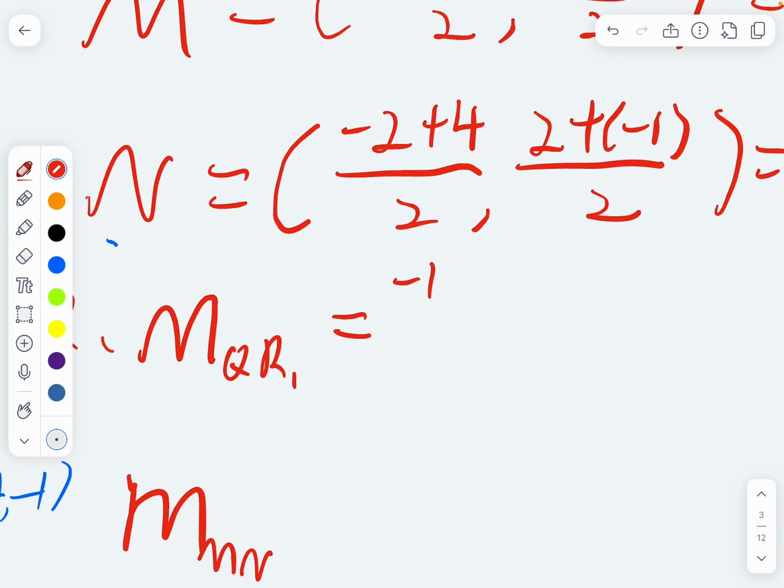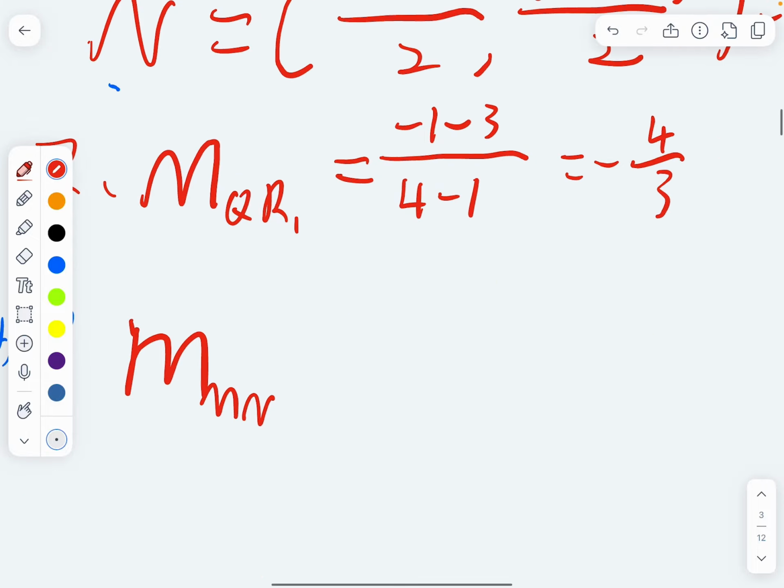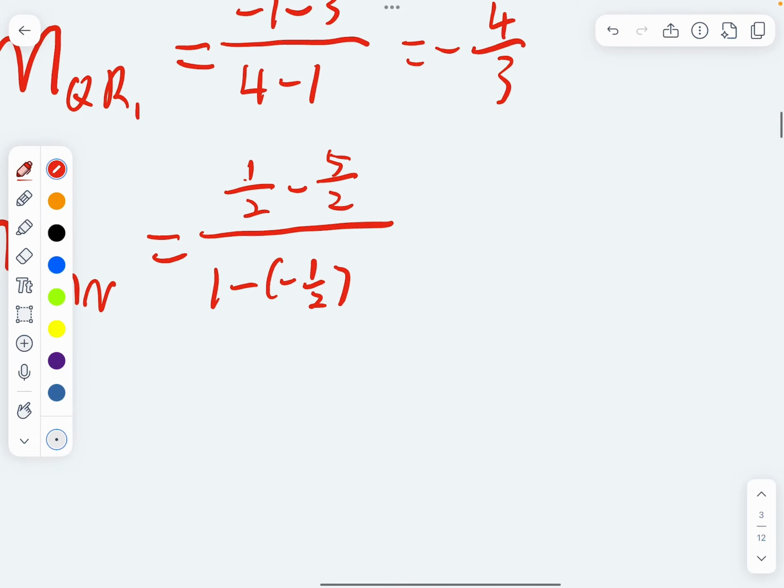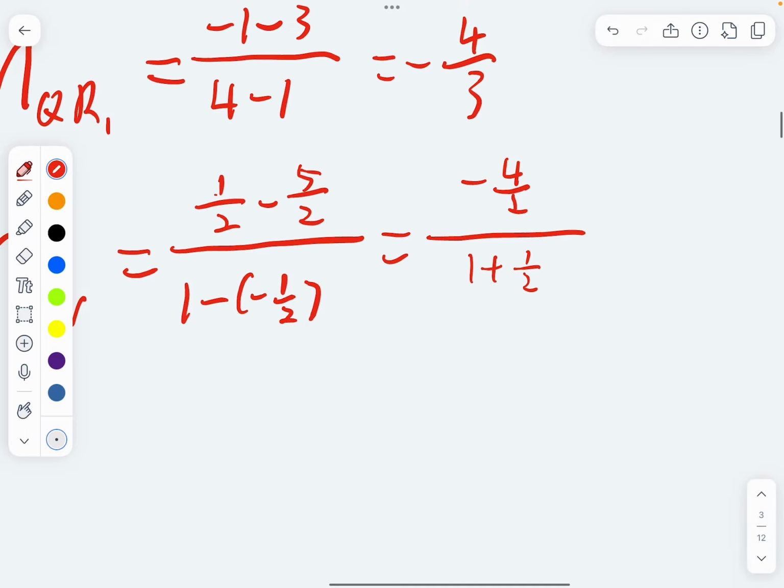Using the change in y over the change in x, the slope of QR equals negative 4 over 3. The slope of MN equals negative 4 over 2 divided by 3 over 2, which equals negative 4 over 3.